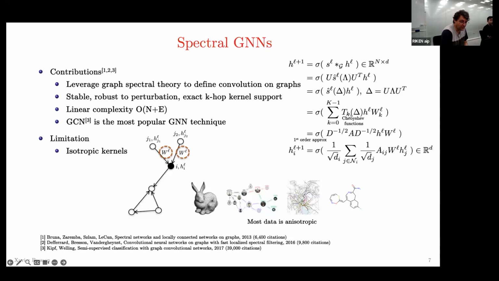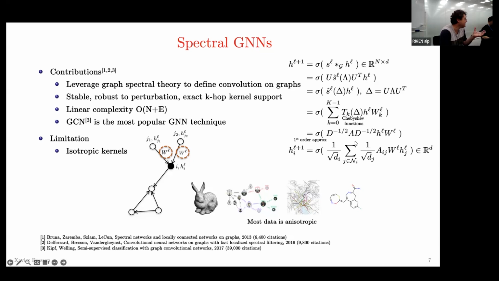There is no issue for convolution. To develop this, we have to make a choice for the spectral function. We decided to use the Chebyshev function, which are basically polynomials, and here you have your learnable function. This is what we did in 2016. And then the year after, Thomas Kipf and Max Welling did the first order approximation of that.